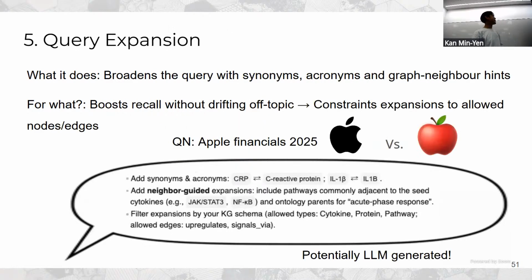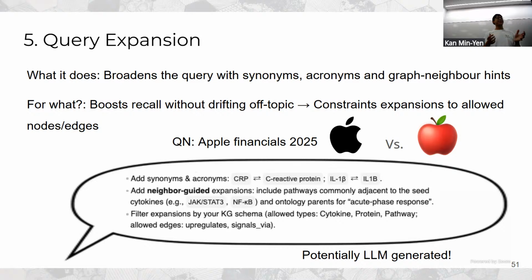Next will be query expansion. On top of that, sure, I might say grab the vegetables to put in the hotpot, but what does vegetables actually mean? There are so many different kinds. In my opinion, that's what query expansion is all about. We want to broaden the search terms with, for example, synonyms, acronyms, or graph neighbors, so you're not traversing the graph in the dark.